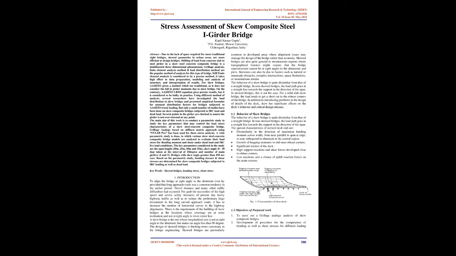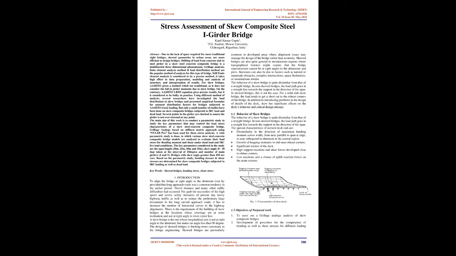Grillage analogy based on stiffness matrix approach using STAAD Pro has been used for these stress analyses. A wide parametric study is done, in which various skew steel concrete composite bridge models are analyzed to evaluate their load stress for bending moment and shear under dead load and IRC live load conditions. The key parameters considered in the study are the span length, 20 m, 25 m, 30 m, and 35 m, skew angle, 0 to 50 degrees, taken at intervals of 10 degrees, and number of main girders, 4 and 5.